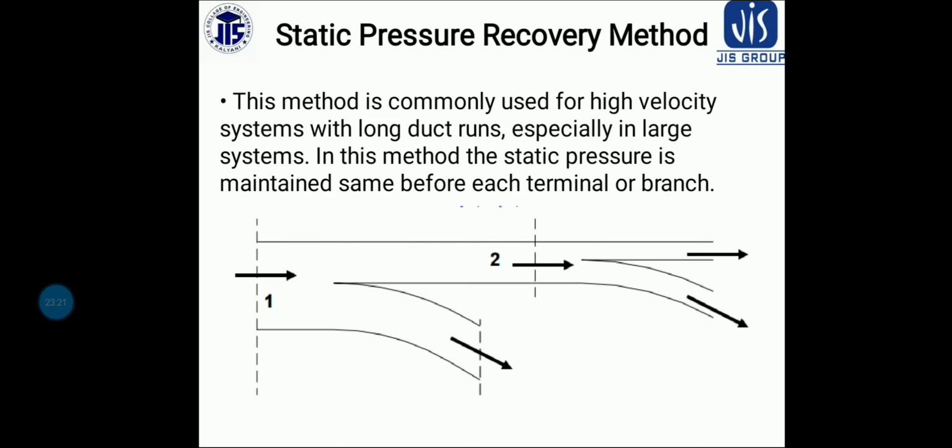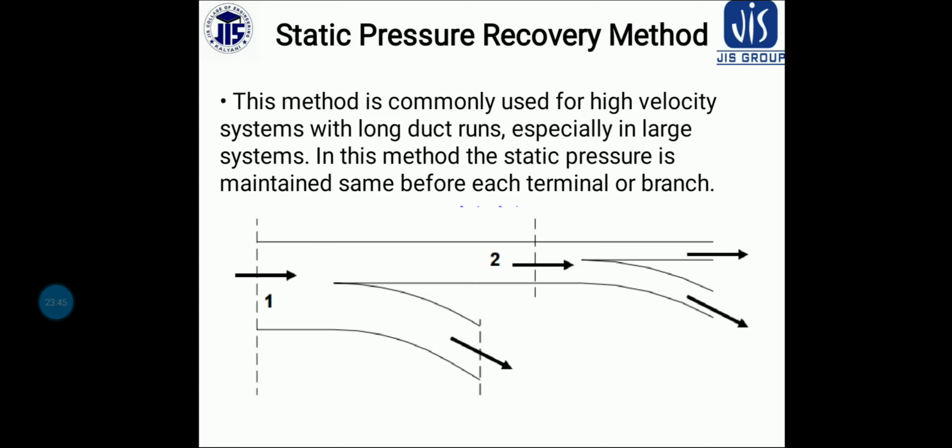Now, the total pressure is equal to PS1 plus PV1, which is equal to PS2 plus PV2. So this is all about the static pressure, velocity pressure and total pressure.